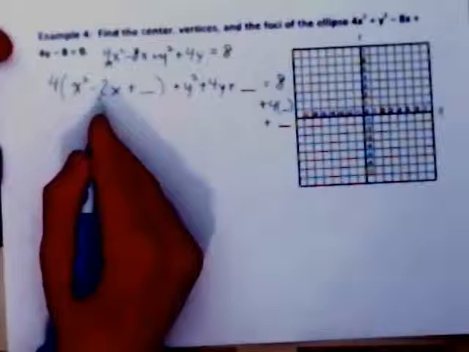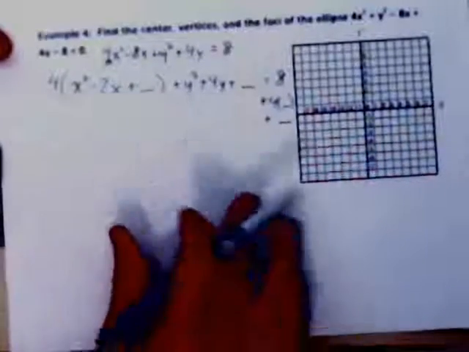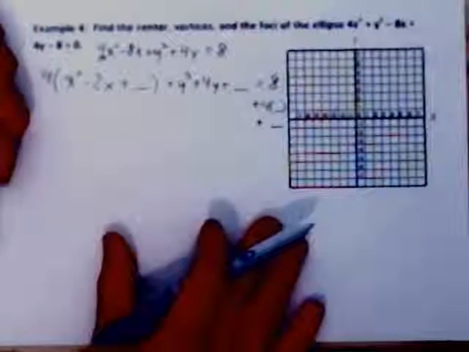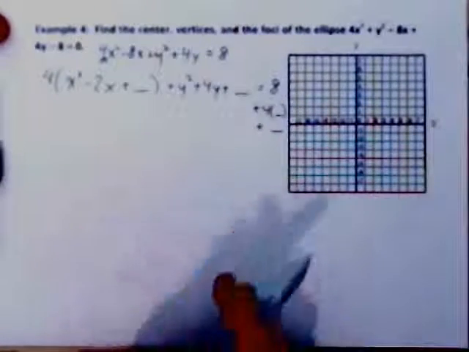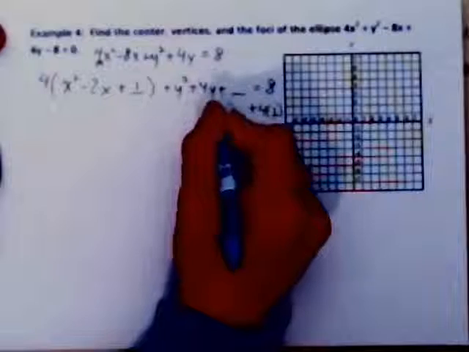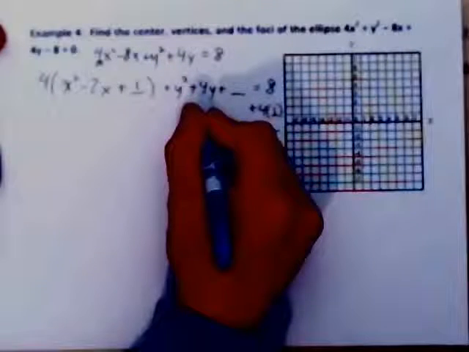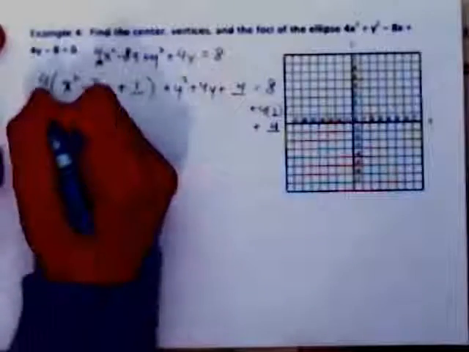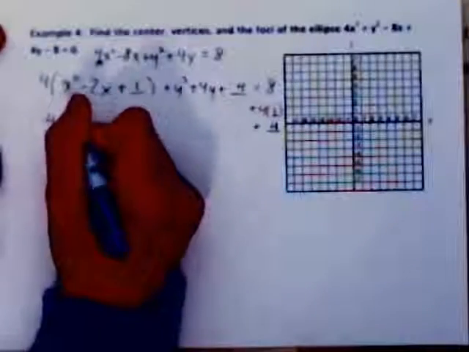So completing the square, take this number, divide it by 2. Whoops, let me just put this right here. Completing the square, divided by 2, we get 1. We're adding 1 here. And then take this number, divide by 2, which is 2, squared becomes 4. We take the 4 out.